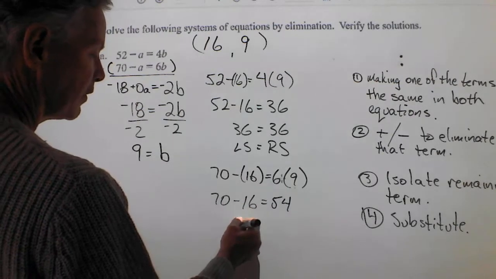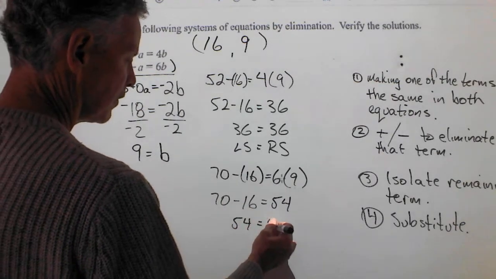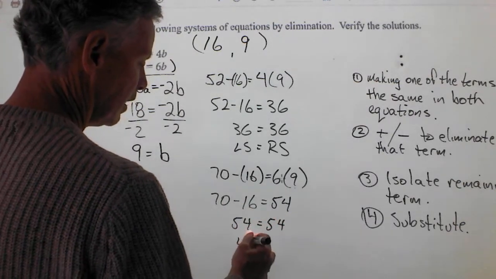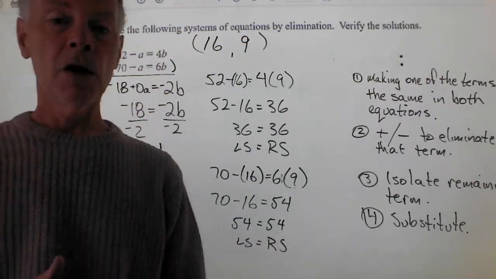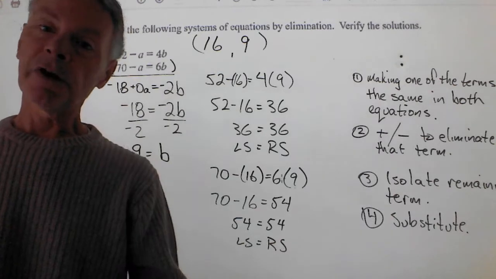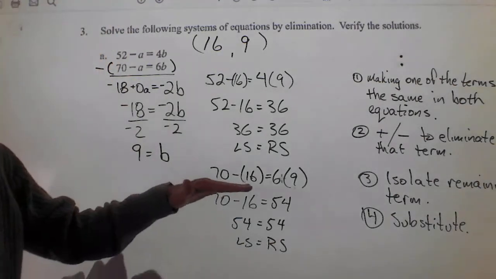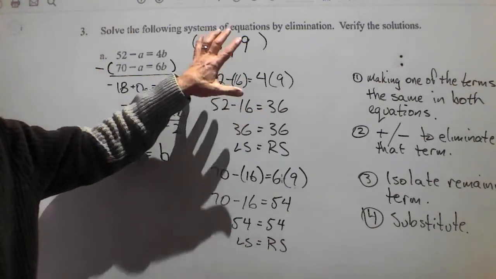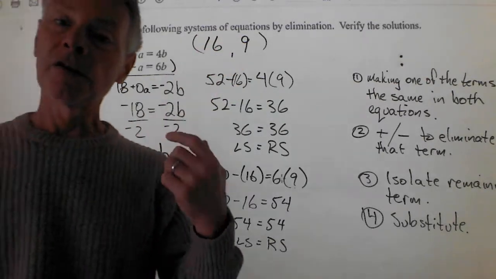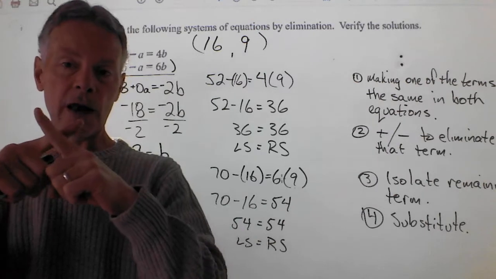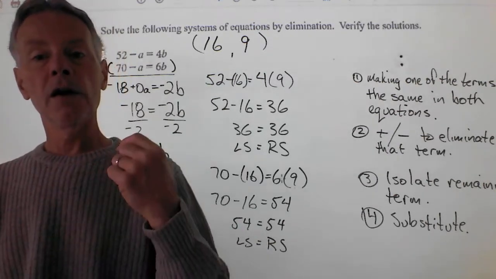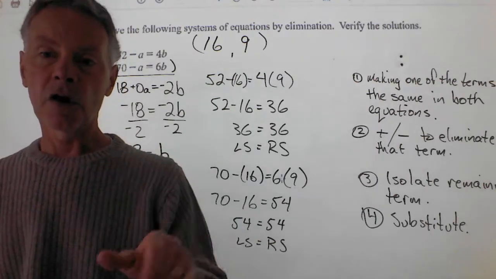And 70 minus 16 does equal 54. So again, left side equals right side. Okay, so we verified. We know that for both equations, the solution works, and so indeed, that solution is the point of intersection, that one point where the two lines cross.